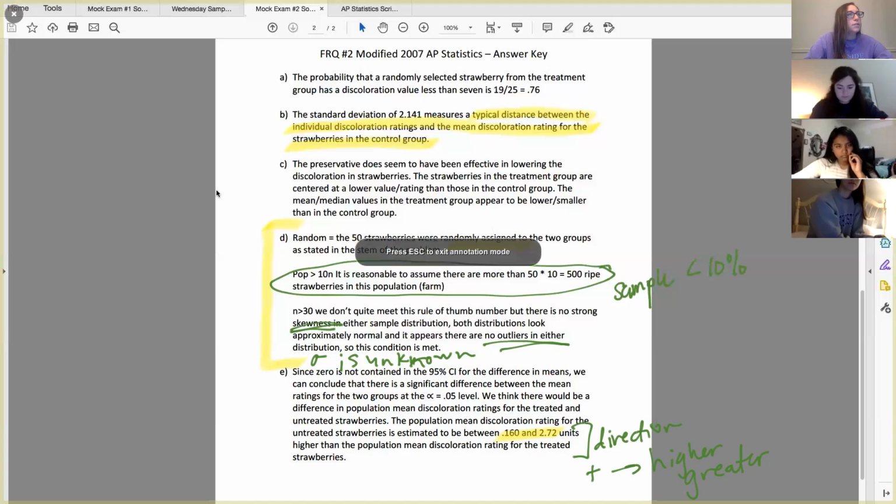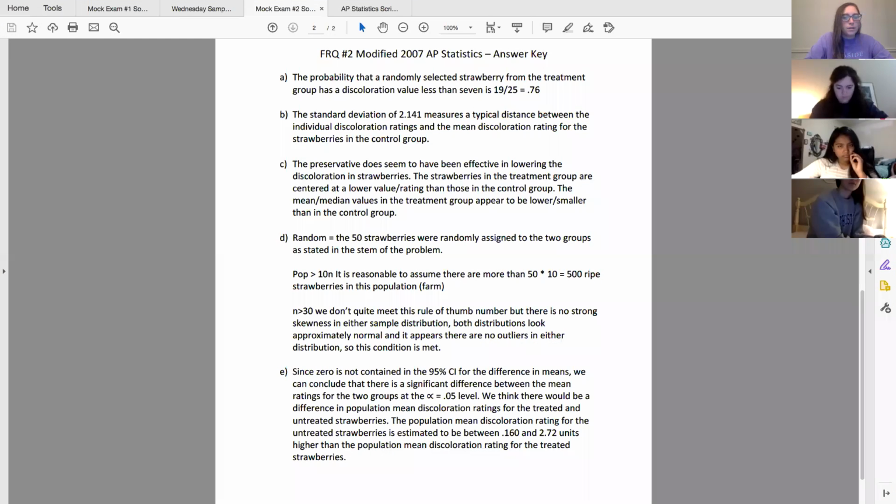Okay, so the last thing that I want to do today is just go through, I'm gonna bring this over. For the conditions, they have everything explained out in sentences. Do we have to do that?